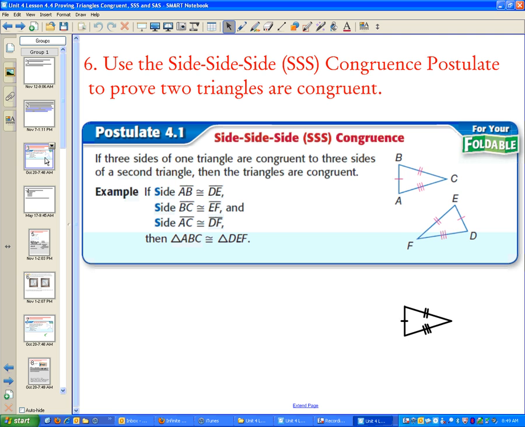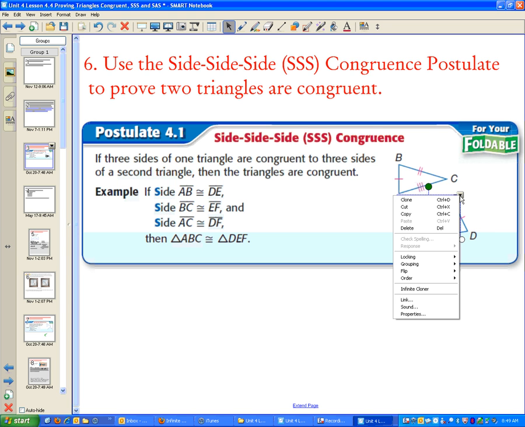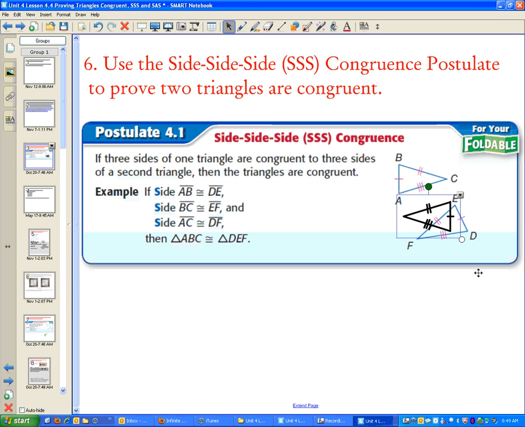And look, this isn't a proof. This is just showing. But see how that triangle fits exactly on triangle ABC? So if I move that, I think I need to flip it, don't I? Over to here.